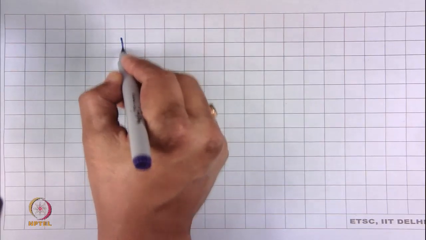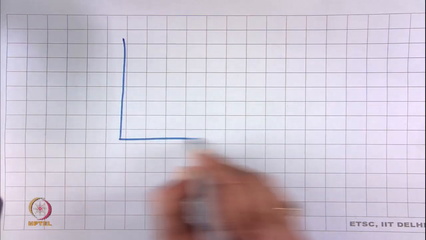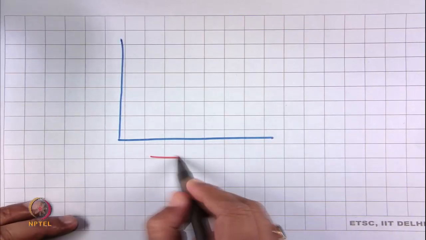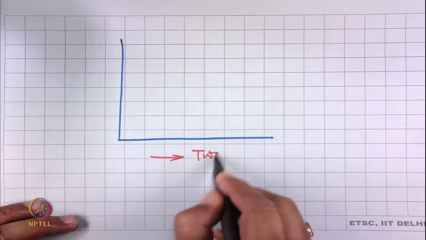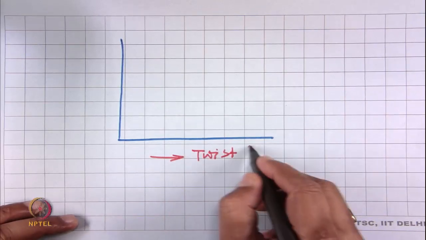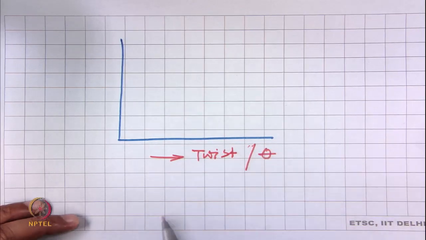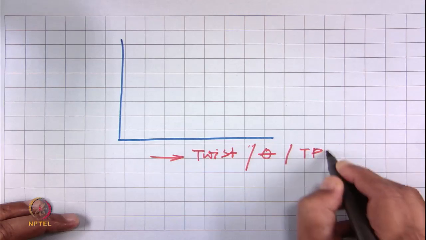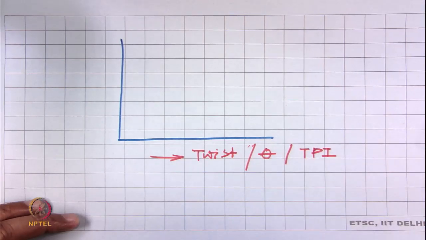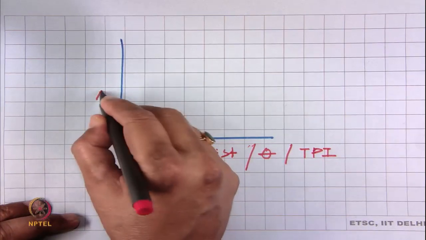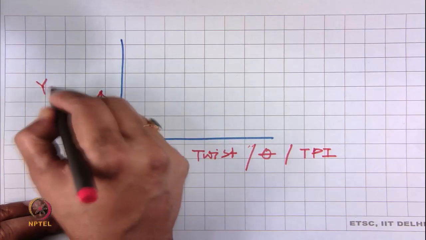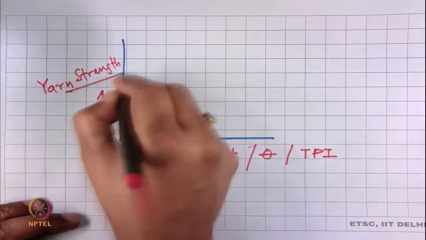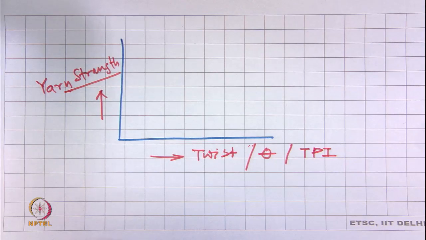If we measure, on the x axis say the amount of twist, or twist angle theta, or twist per inch, twist per length, and on the y axis we plot yarn strength, in the yarn strength we will have two components.